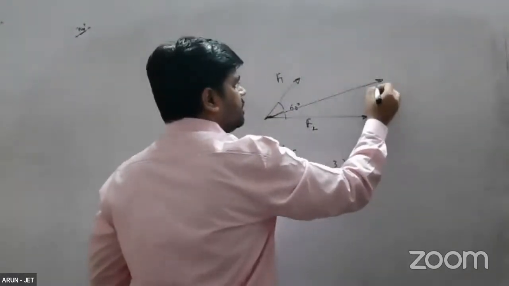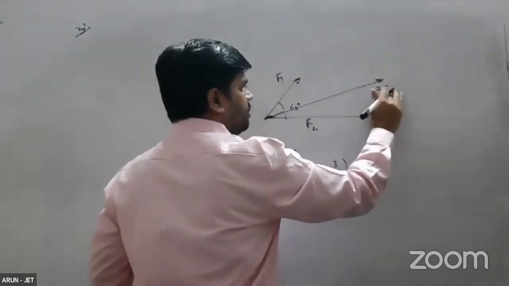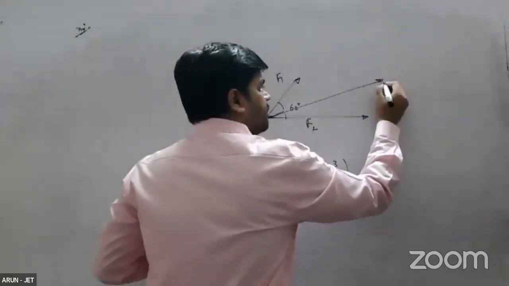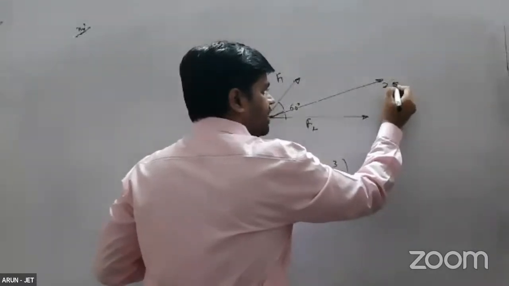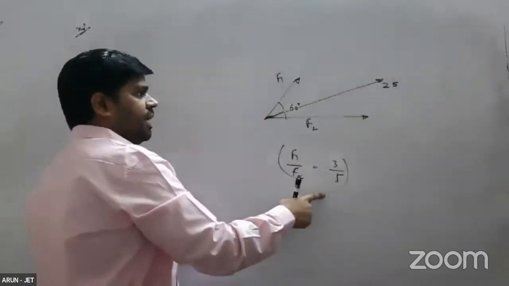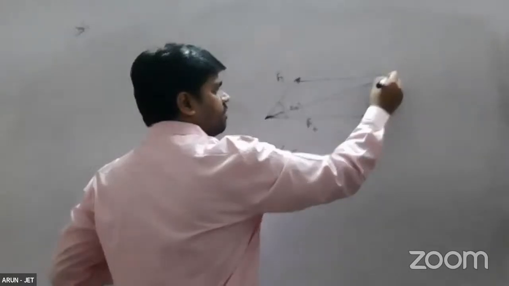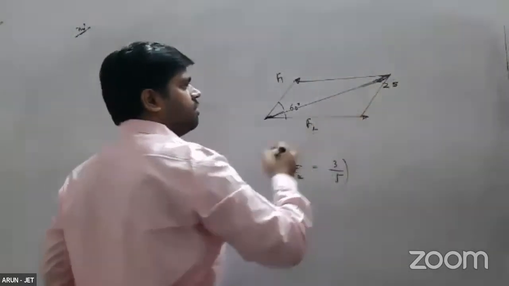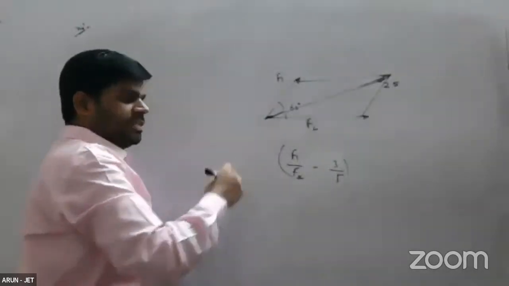The resultant is 25. The ratio between the two vectors is 3 is to 5, and the resultant is 25. Find the vectors.